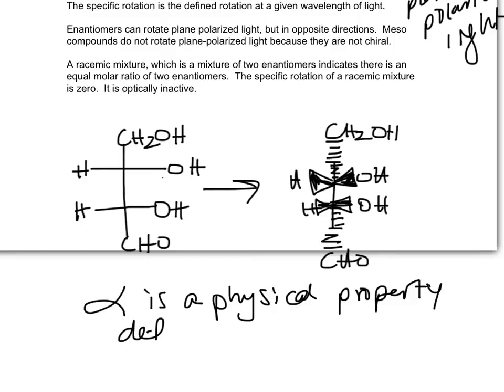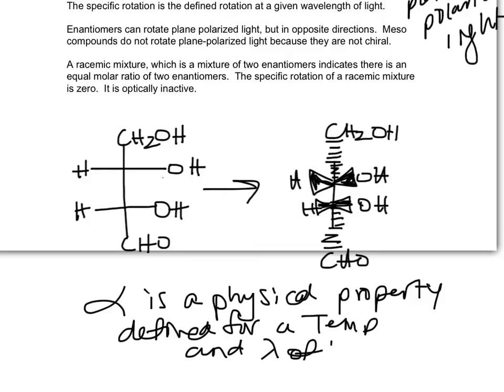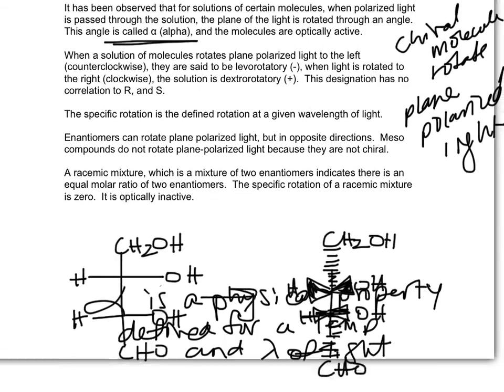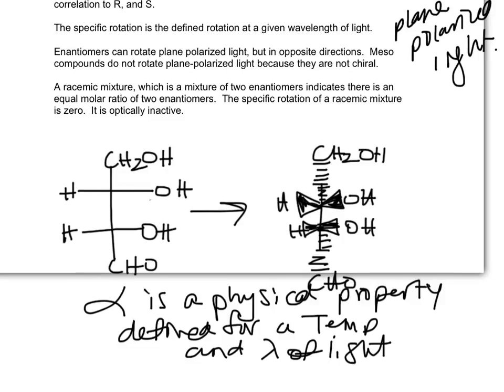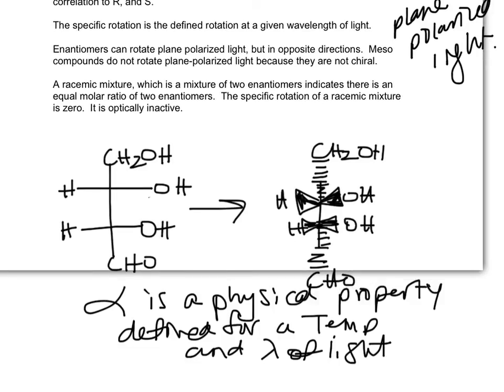It's defined for a given temperature and wavelength of light. Okay. Enantiomers are going to rotate plane polarized light, but in opposite directions.